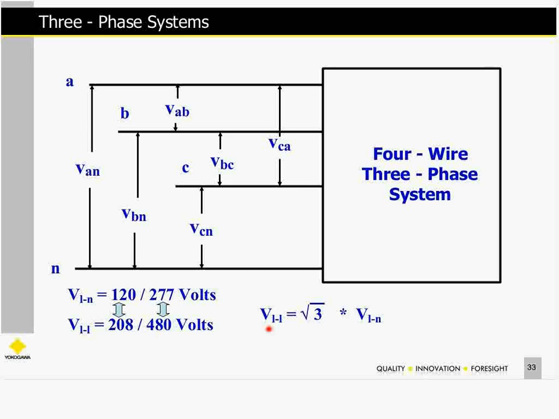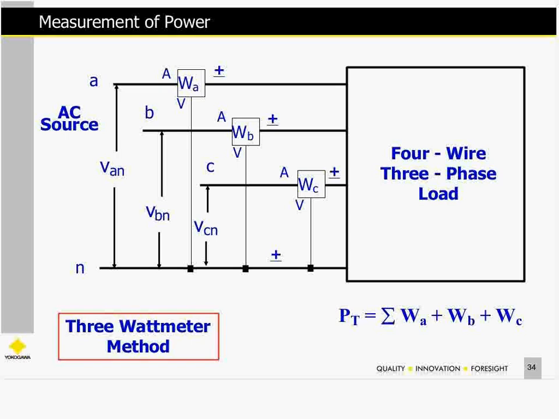The relation there is that the line-to-line voltage is going to be the square root of 3 times the line to neutral voltage. So the line-to-line voltage is going to be higher, right? That's what we see here. So on our 4-wire system, we're going to put 3 wattmeters, one in each of the 3 phases that are supplying the current. And remember, we're going to watch the polarities.